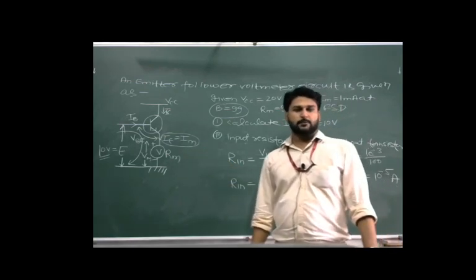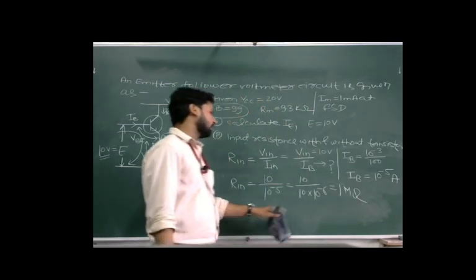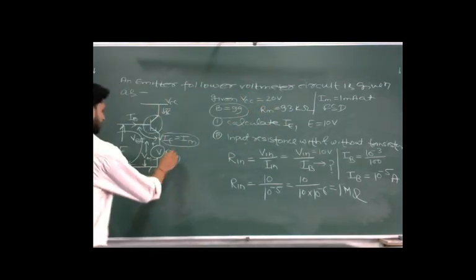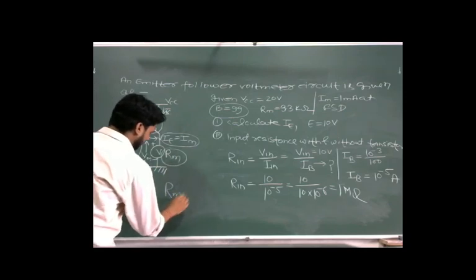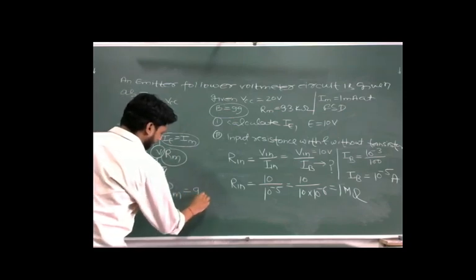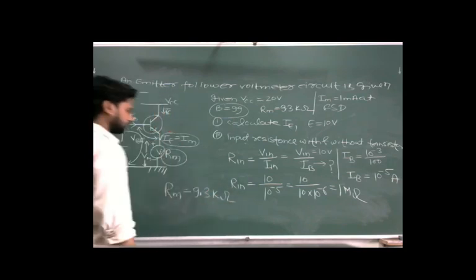What is the input resistance of this voltmeter circuit when the transistor is not connected? This is the Rm, and Rm is given 9.3 kilo ohm.